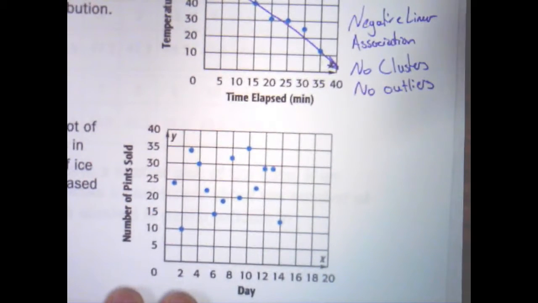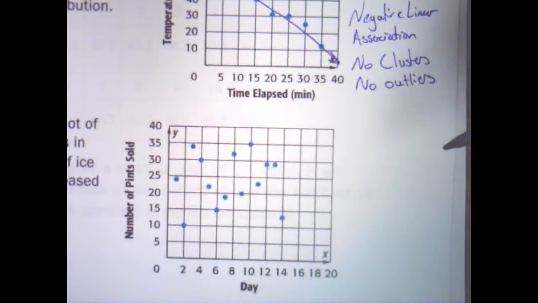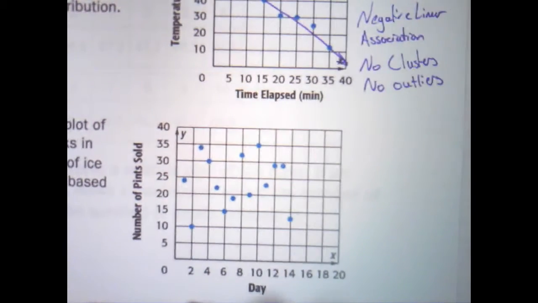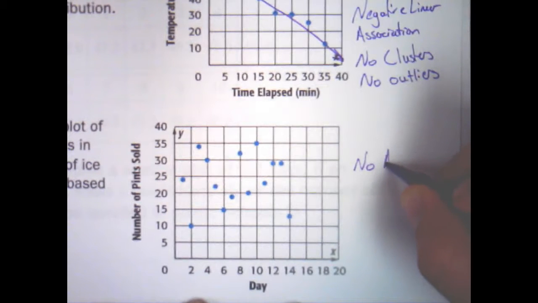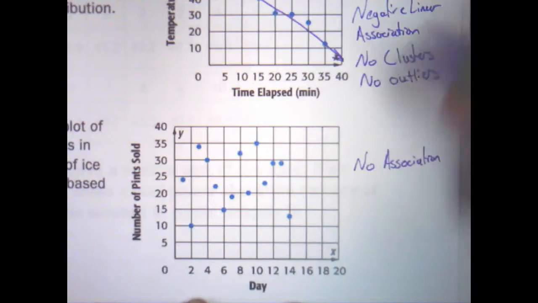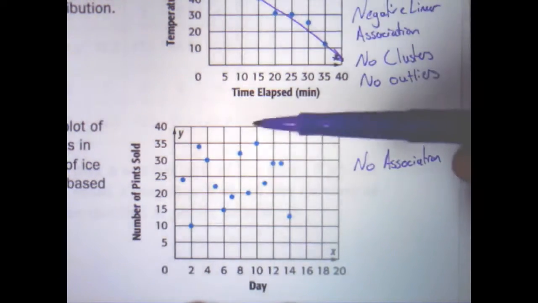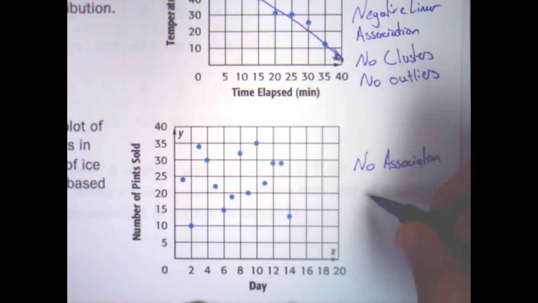If we take a look at C, here we are talking about the days and the number of pints sold for an ice cream shop. I look at this and I see no association. So if it has no association, I can't tell if it's linear or nonlinear, so I don't need to worry about that. Here, I don't really see any clusters.